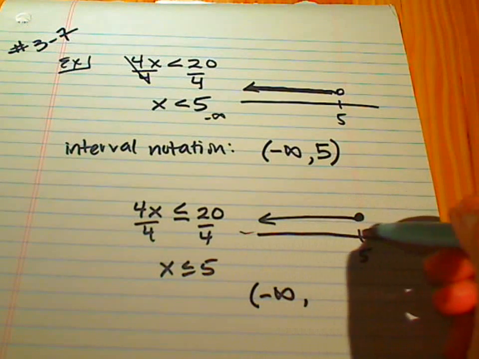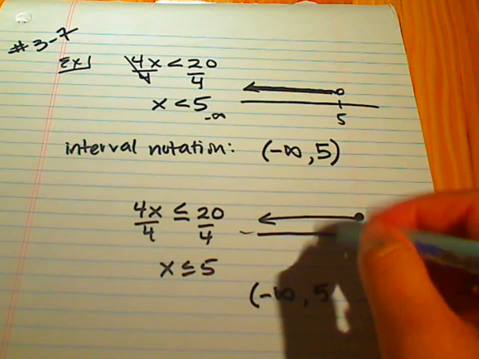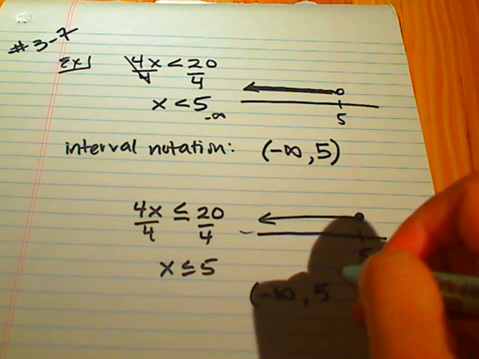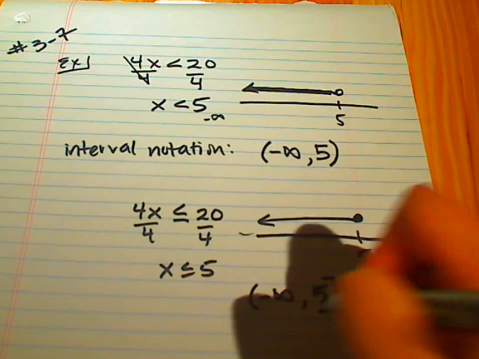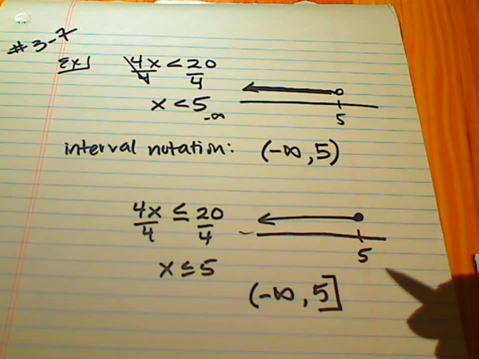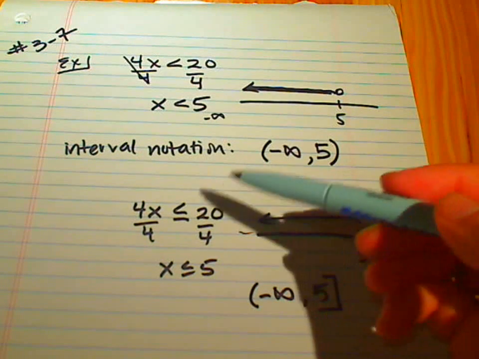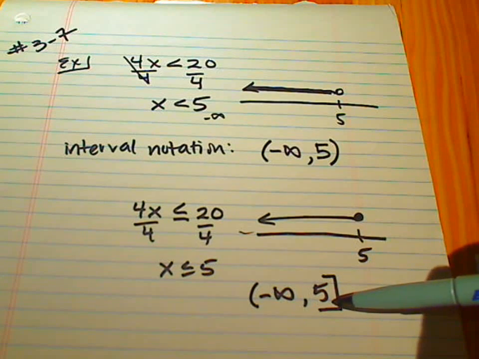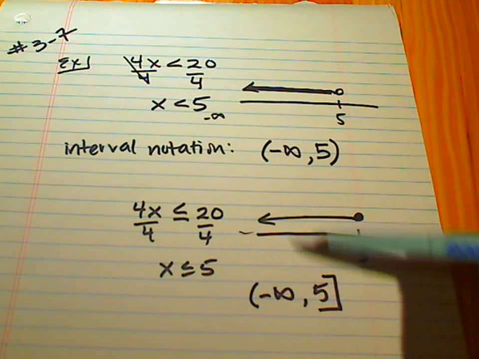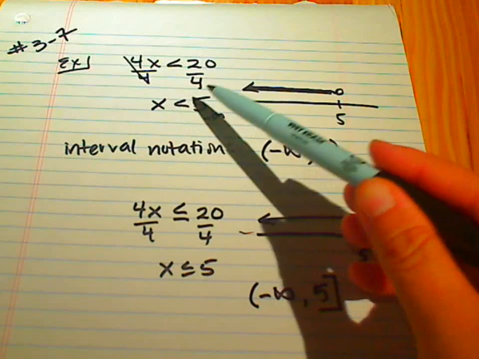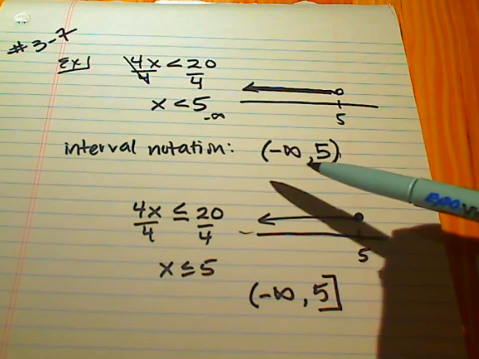But then we would come up to positive 5 again, so it would look very similar, except since it's underlined, it'd be a bracket like that. So if it's underlined, it gets a bracket. If it's not underlined with an equal to, then it's just a parenthesis.